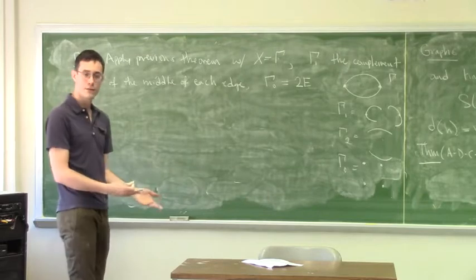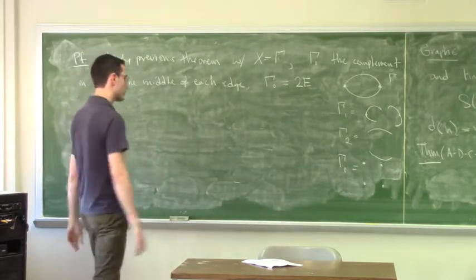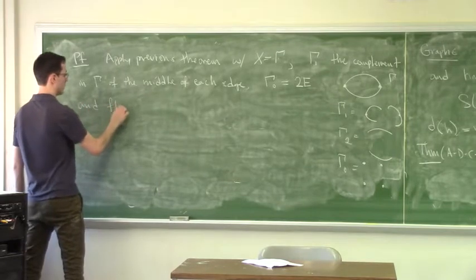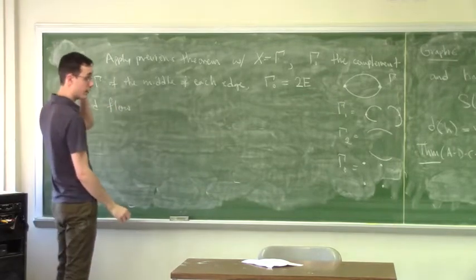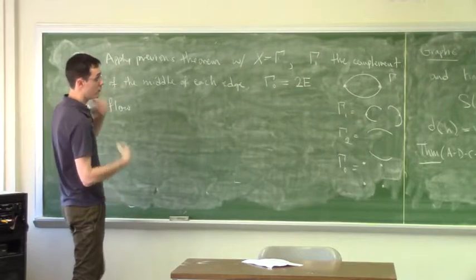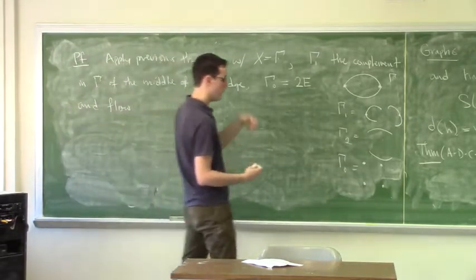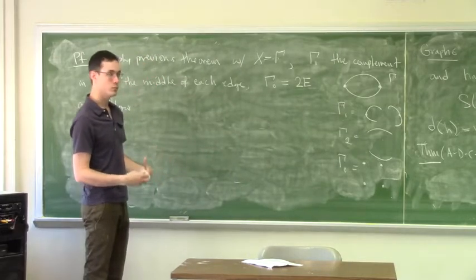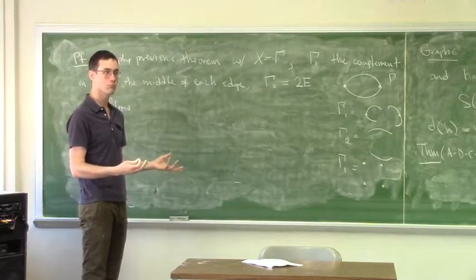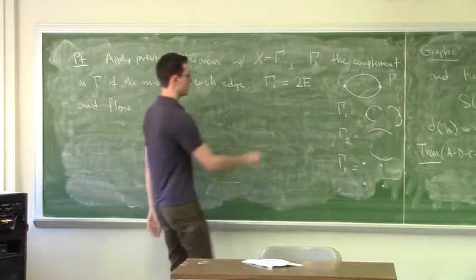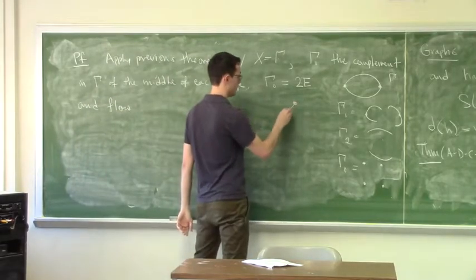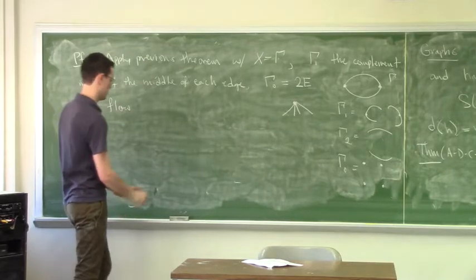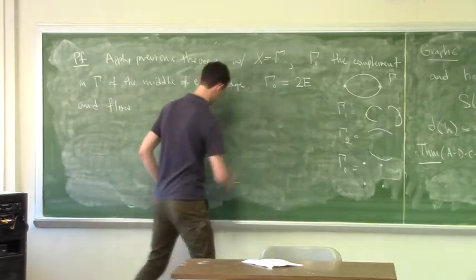Another part of the input data for the theorem was the flow. So how does the flow work? I have to prescribe it on pieces that all look like disjoint unions of corollas of some arity. So things that look like kind of cones, like that.